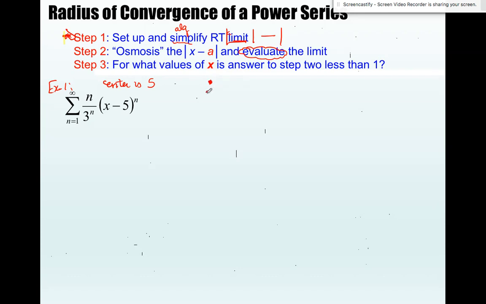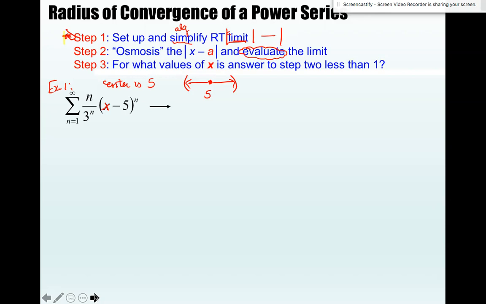So think of this point 5. How far to the right and how far to the left can you go? Can you radiate out and pick x's to plug in for this x and create a convergent numeric series? Now, this is not geometric. It would be geometric if n was 1, right?